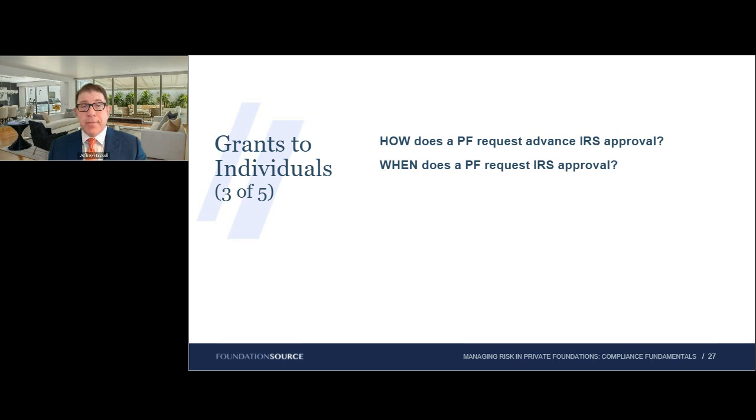But the issue here is, did the IRS really consider the application to have been properly submitted in the first instance? Because if it was defective in some way, maybe it didn't talk about how it was maintaining records, maybe it didn't go into detail about the eligibility or selection criteria, et cetera, you have that risk that the foundation wasn't entitled to have relied on that 45-day rule.